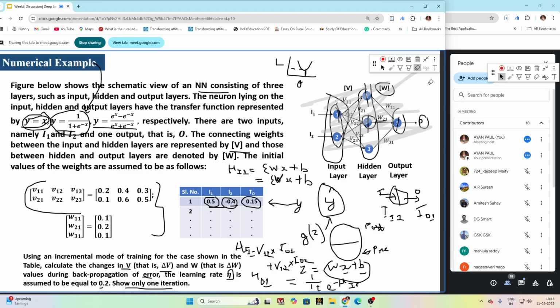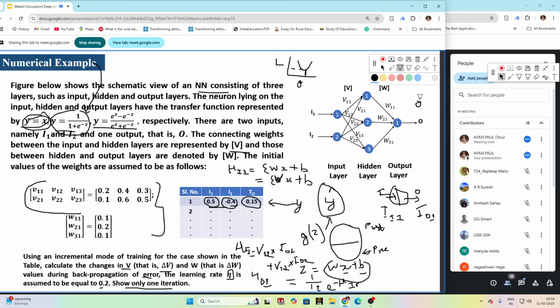Let me erase this. So we want to calculate del E by del W11. E is somewhere here, and this O has two parts, OI1 and OO1.